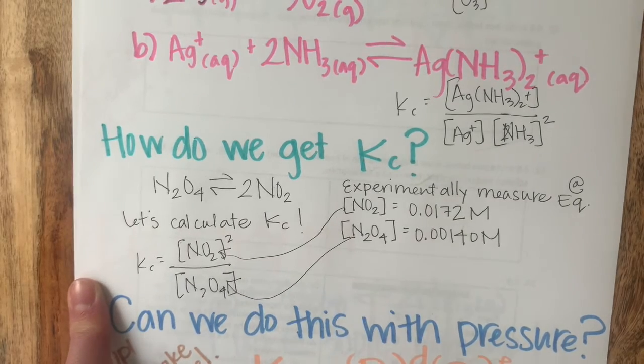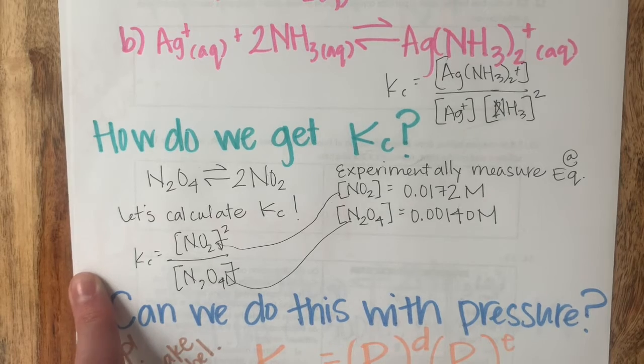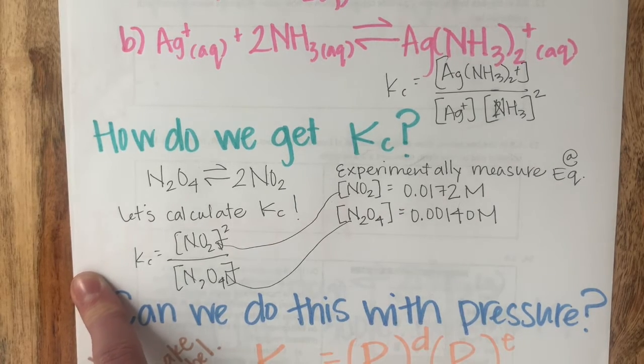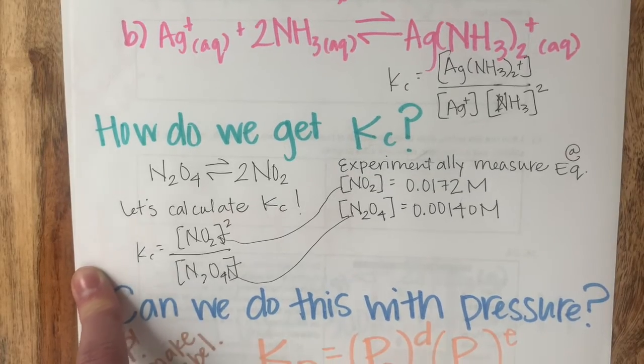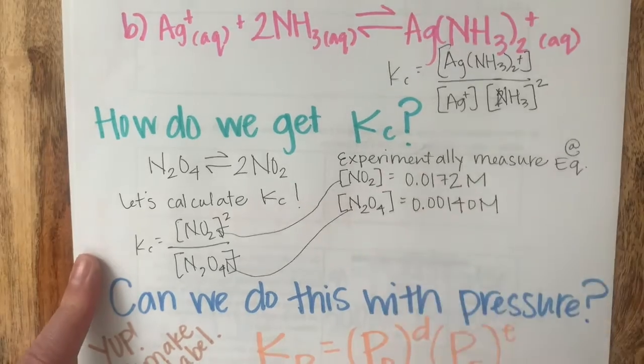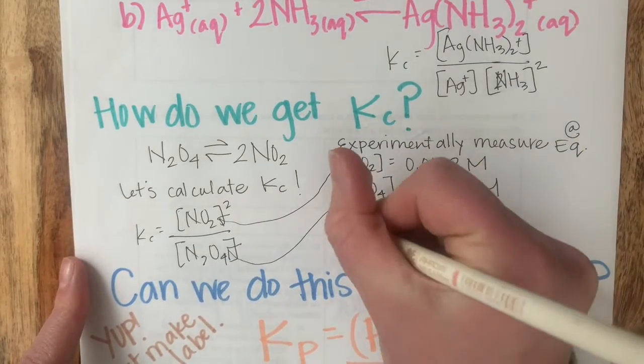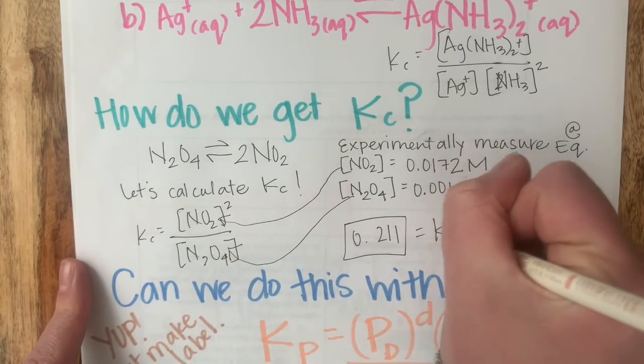Go ahead and get a number. Make sure to square it. Okay, so when I plug these numbers in, the number I got for Kc was 0.211. So that is the value for Kc here.